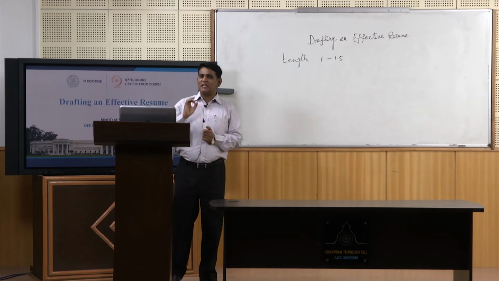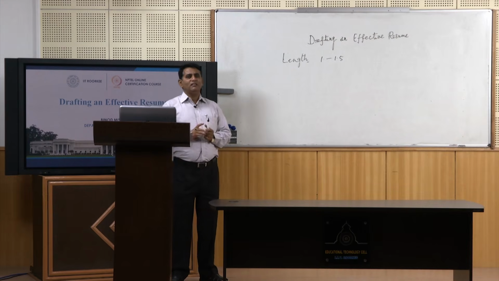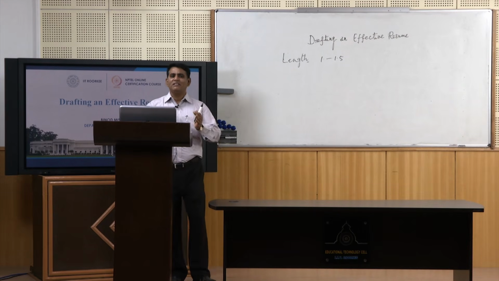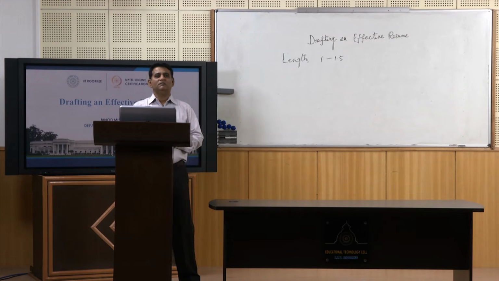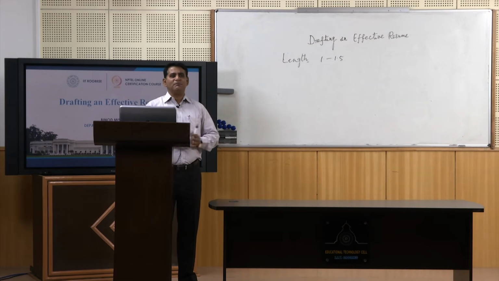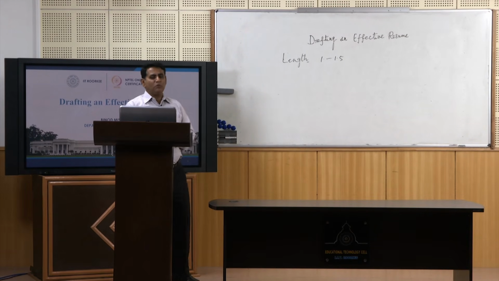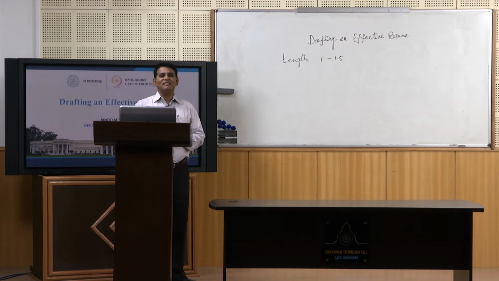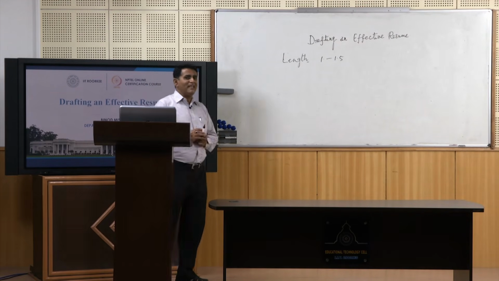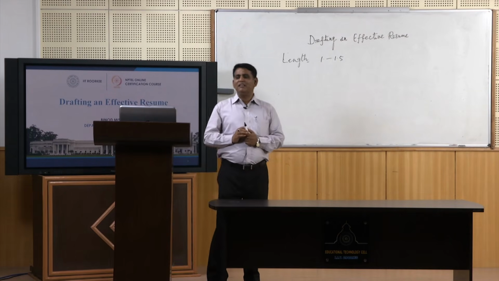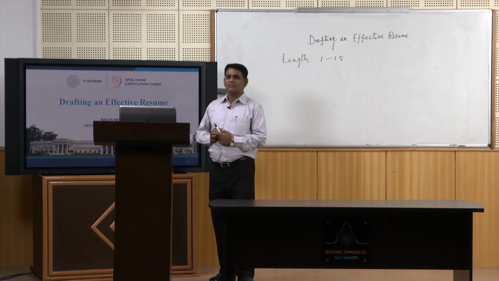The objective statement will begin just after the heading. So, the objective statement, which in many cases they call summary, or in some cases they call objective, should be a 1 to 3 line sentence summary of your area of expertise and career interest.